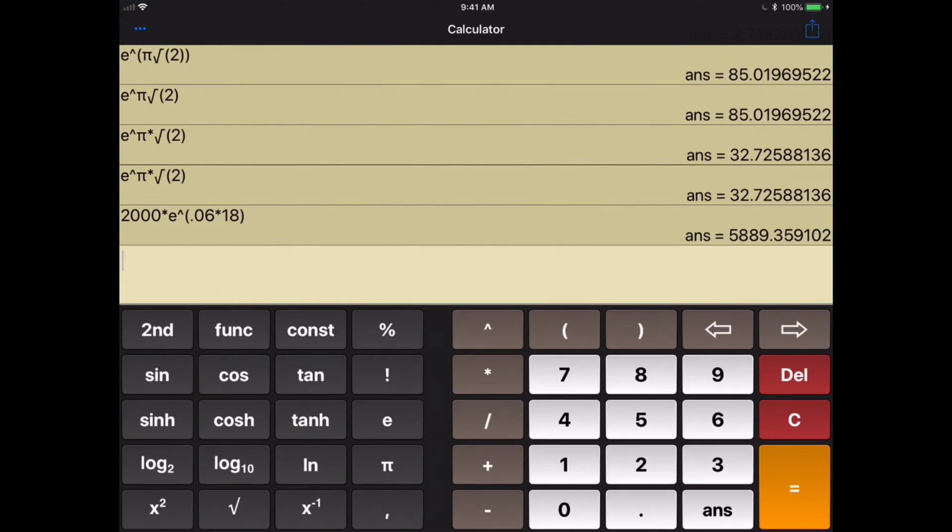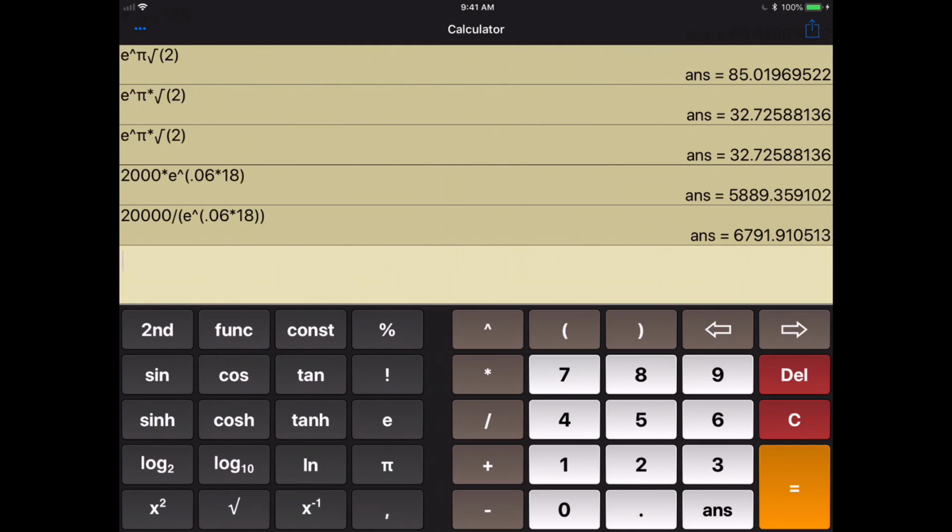You'd type 20,000 divided by, and we need all of that in our denominator. So to be safe, I'm going to put parentheses. Then I'm going to type e raised to the, then we're going to have parentheses again, 0.06 times 18. Now we're going to need a right parenthesis for the exponent and then another right parenthesis to match the first one to keep all of this number in the denominator. And then I can press equals, and there it is.